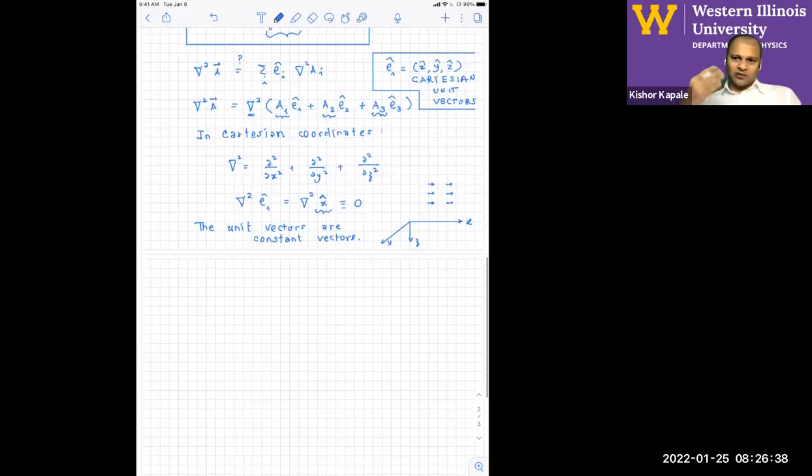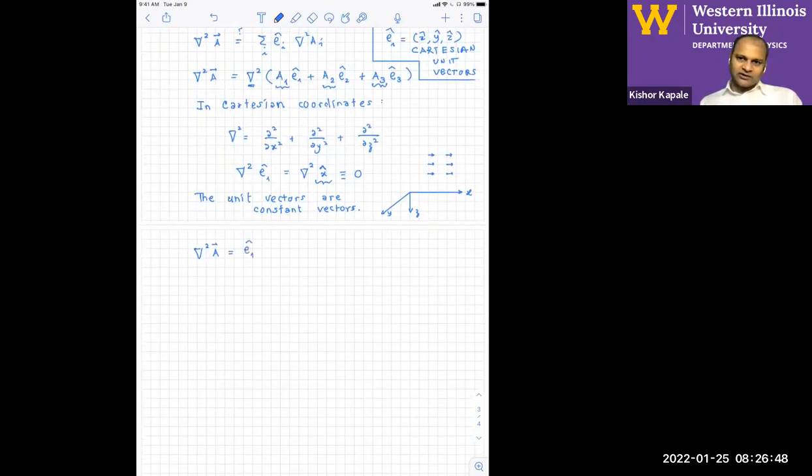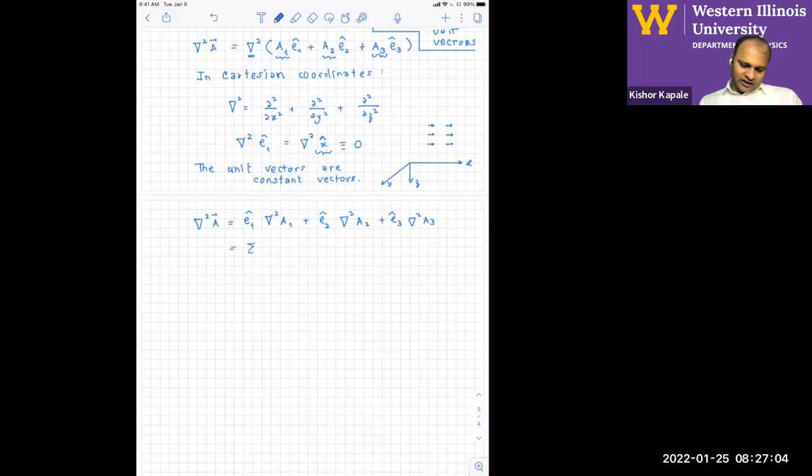I don't have to differentiate those. They don't contribute anything. And so then I can take this e1 out, and then I will have del squared A1 plus e2 del squared A2 plus e3 del squared A3, which is now a summation over i of e_i del squared of A_i.